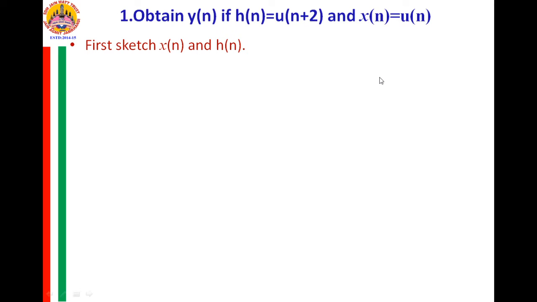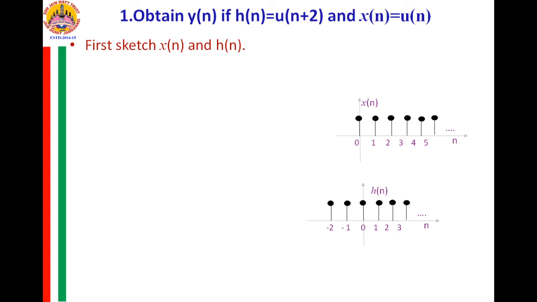Let us first sketch x of n and then h of n, which is a shifted version of u of n. To obtain u of n plus 2, you have to shift u of n to the left side by an amount of 2. So, this is x of n and this is h of n, where h of n is u of n plus 2, shifted by an amount of 2, and both amplitudes are 1.